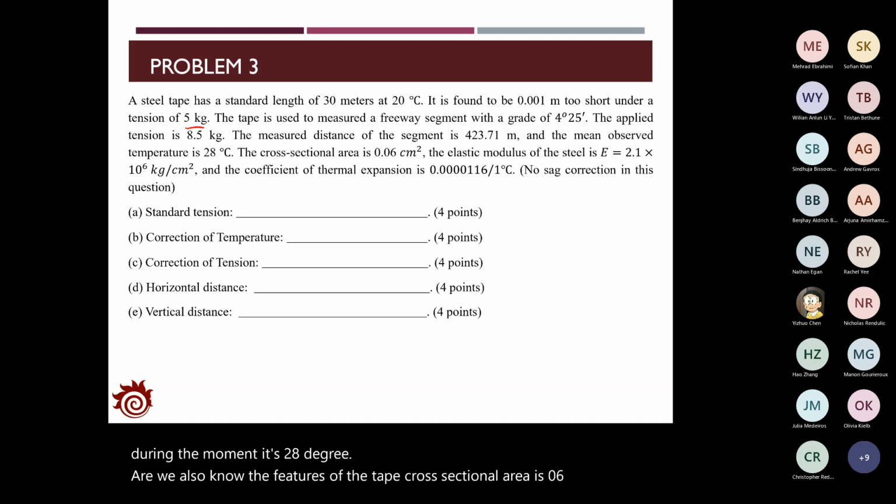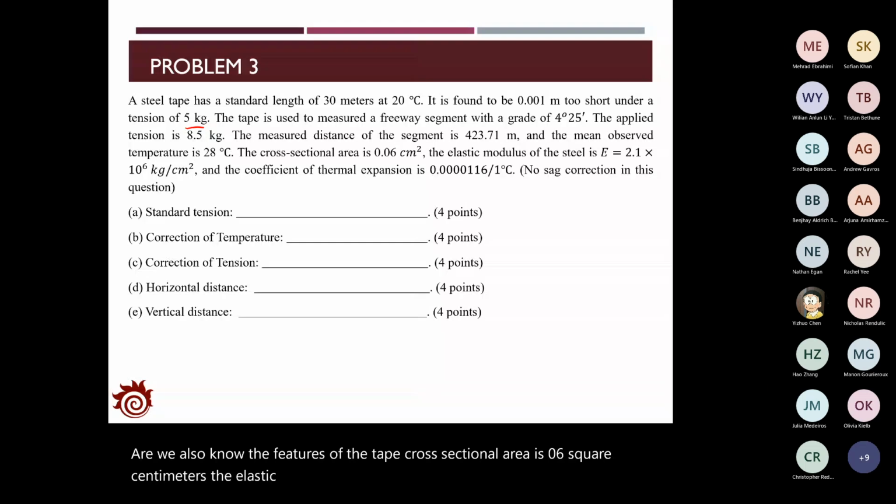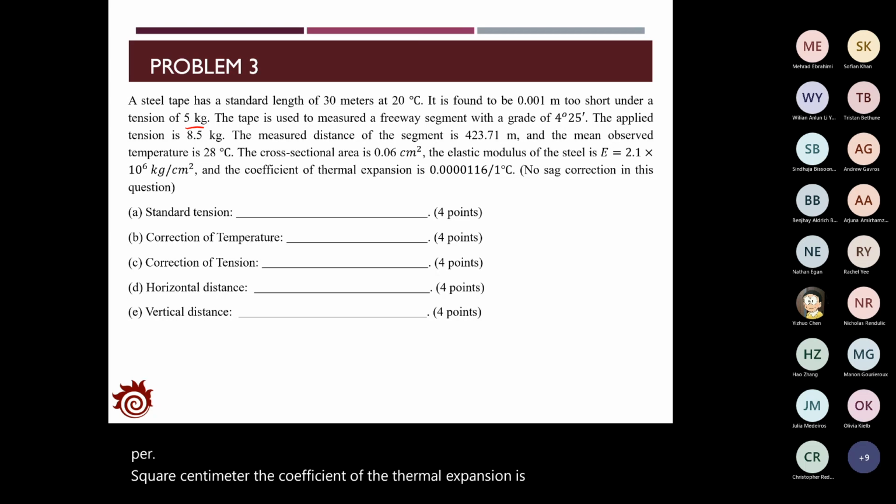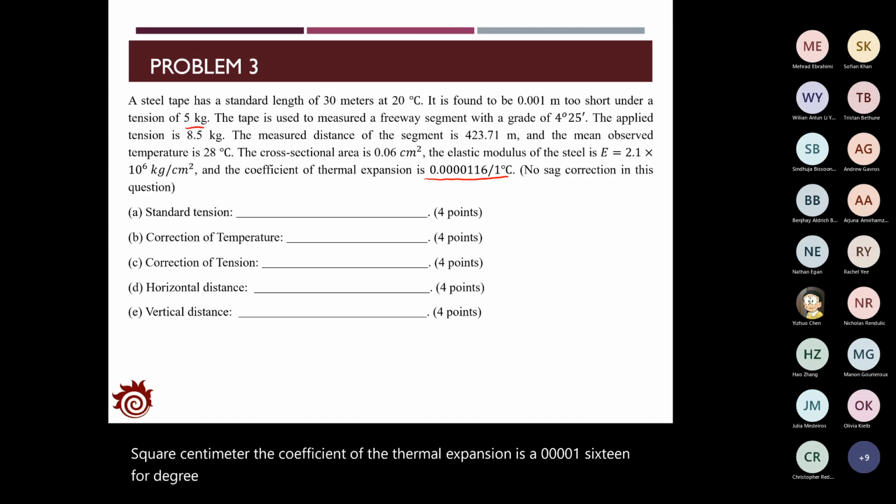The elastic modulus is 2.1 times 10 to the power 6 kilograms per square centimeter, and the coefficient of thermal expansion is 0.0000116 per degree. Also, you don't need to calculate any sag corrections for this problem.